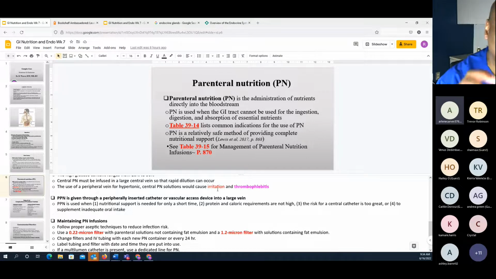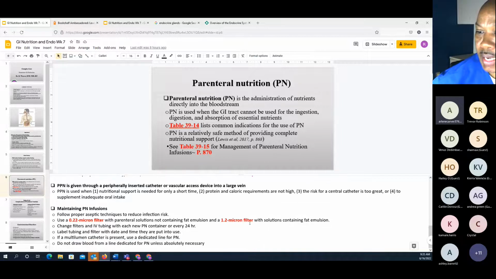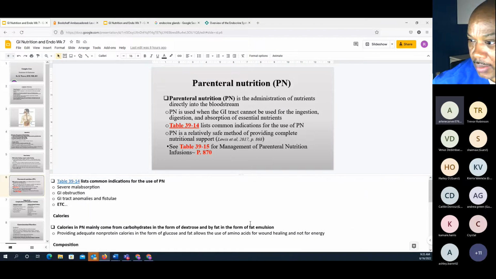But if you read the bag, and make sure you hear what I'm saying, and it says central line only, that is because that is your central TPN. The glucose content is much higher.